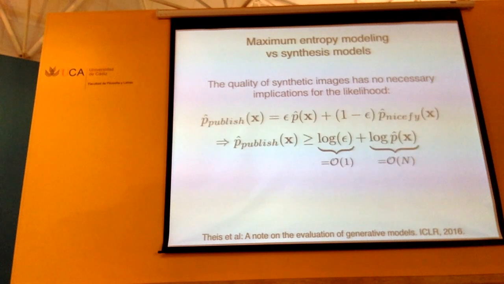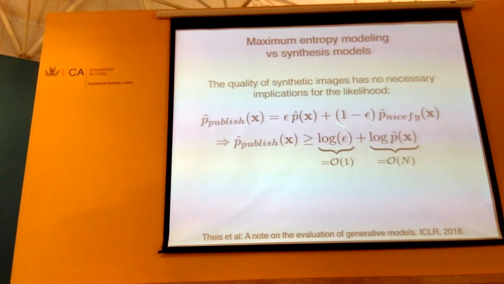This can be seen as follows: if you want to cheat on getting high likelihood image models and nice samples, then you would take your distribution which generates high likelihood, and you would take another distribution which is basically a lookup table, which just samples from the training set or some transformed versions of the training set.